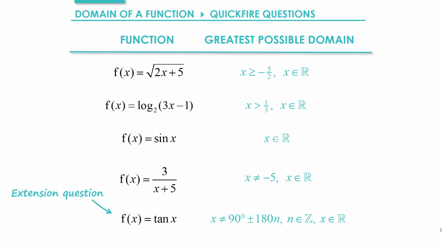So we can add on 180n, where n is an integer, so any whole number. If you wanted an answer for this in radians, the answer would be x is not equal to pi over 2 plus n pi. Don't worry if you didn't get that last one though, it's beyond the scope of the course, it's not something you'd be tested on.